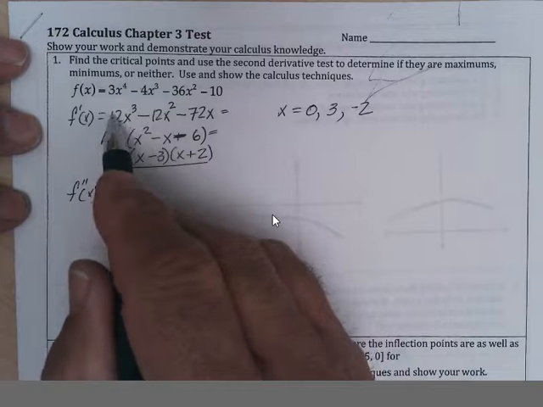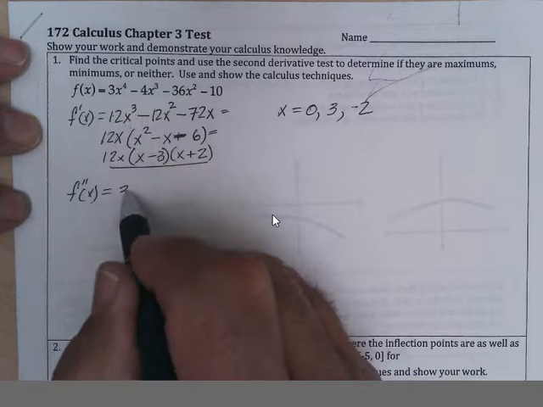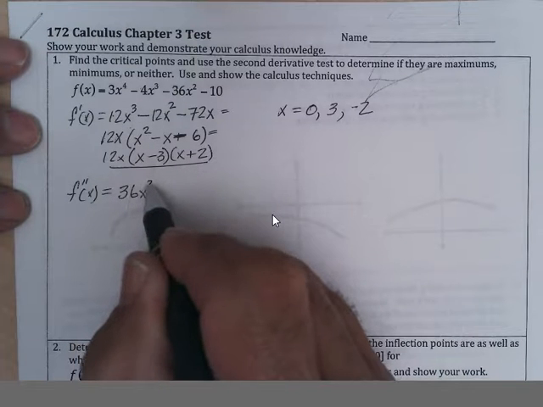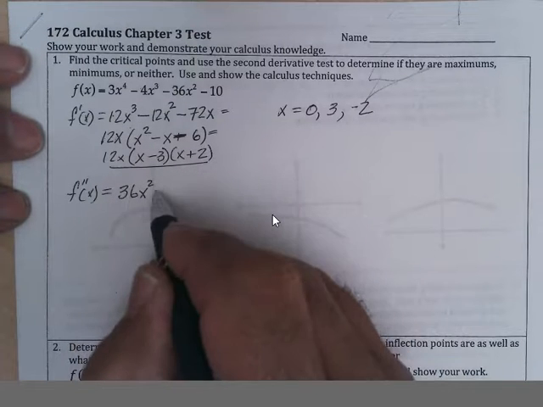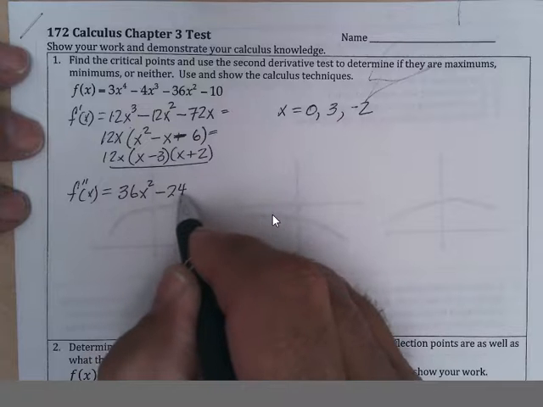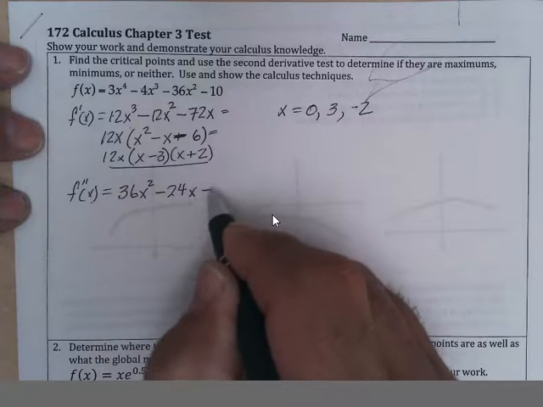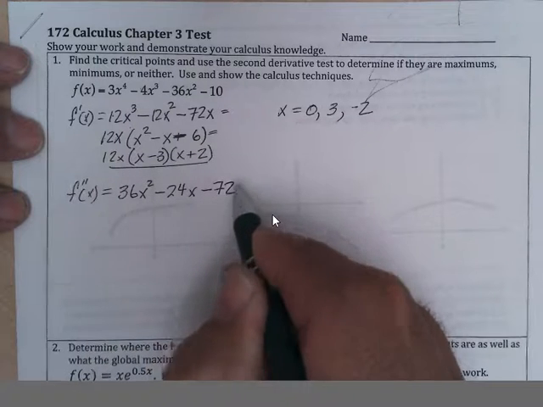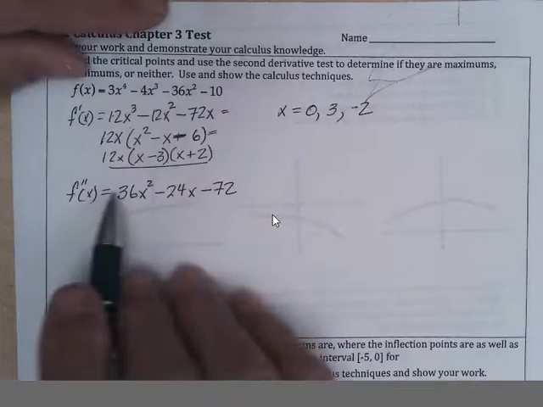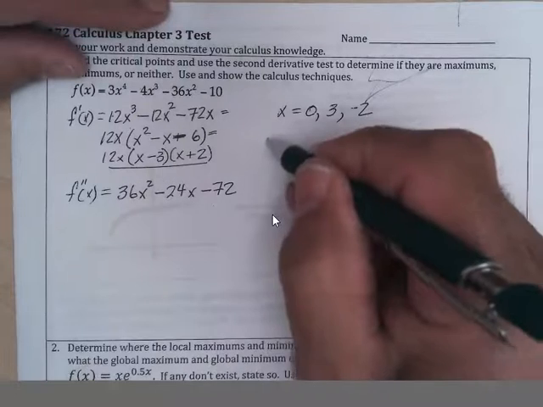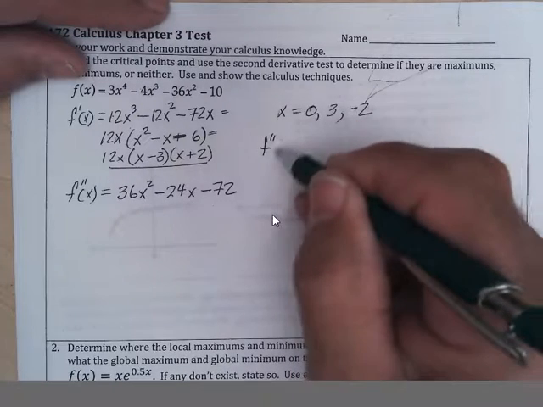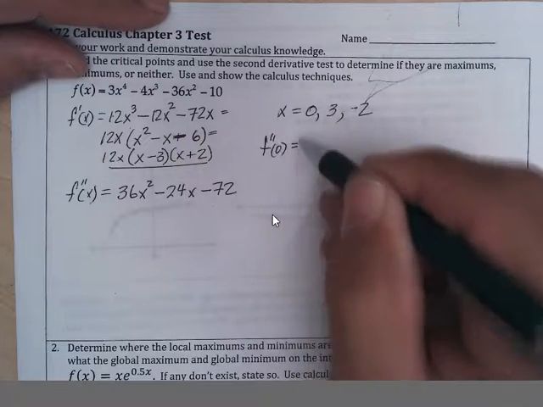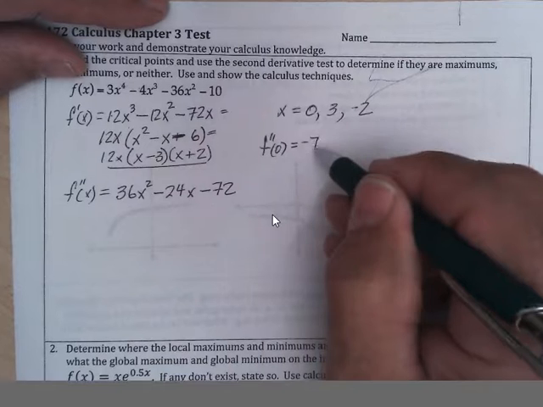So that would be 36x squared minus 24x minus 72.